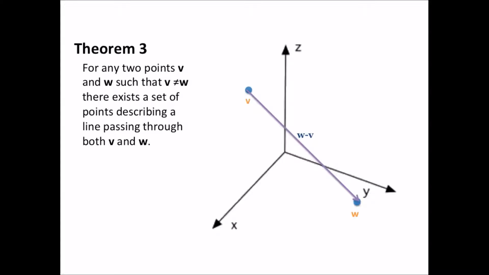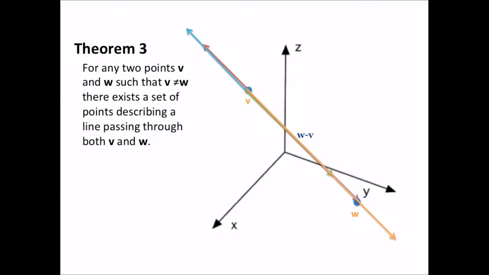So we can scale w minus v longer, we can scale it shorter, and heck, we can scale it in reverse, and in reverse to another distance. And we can scale it infinitely many times such that we have created this line that passes through points v and w. So let's build this line.